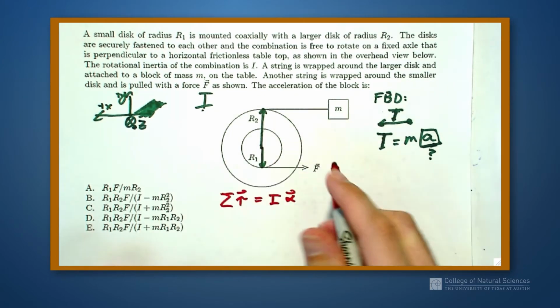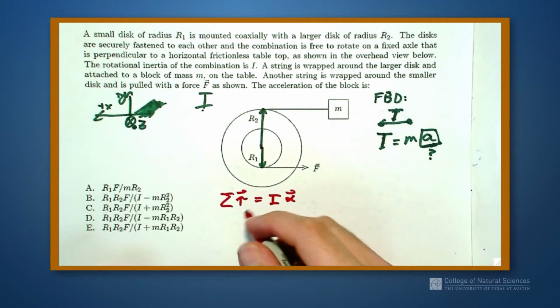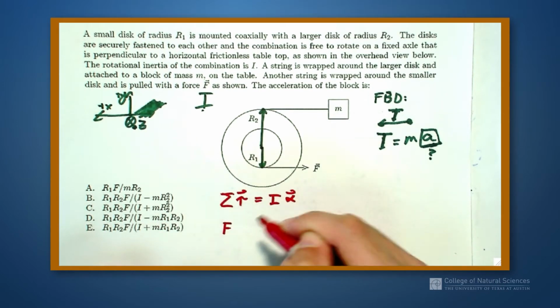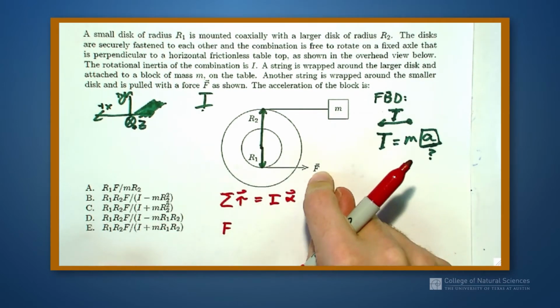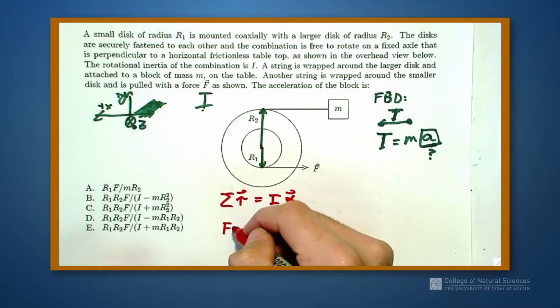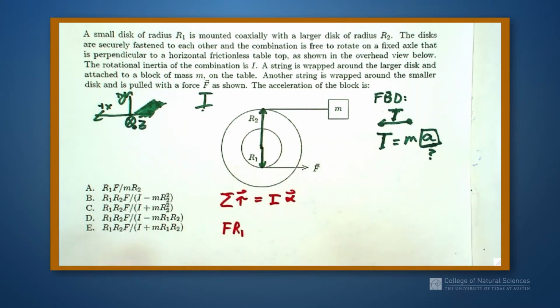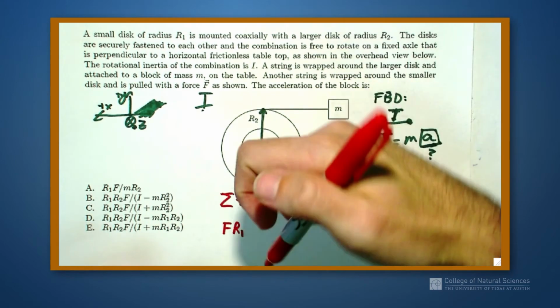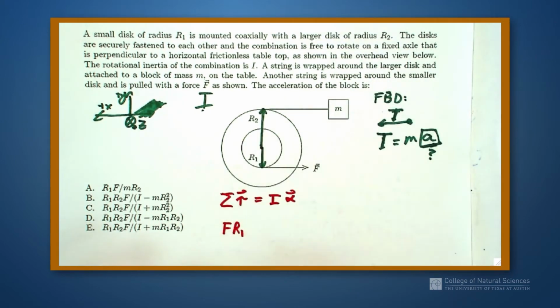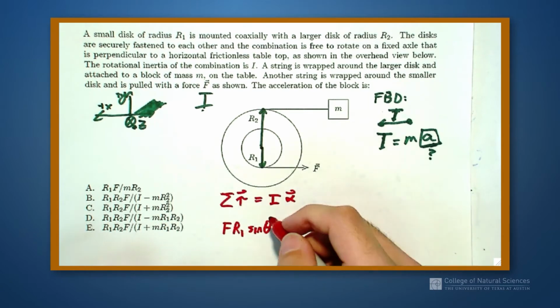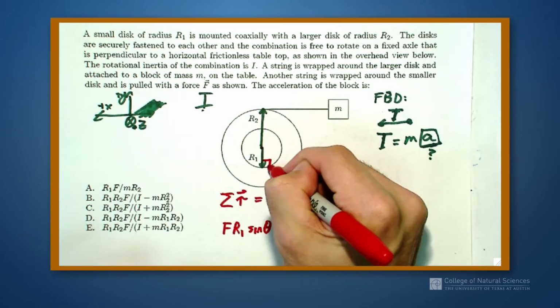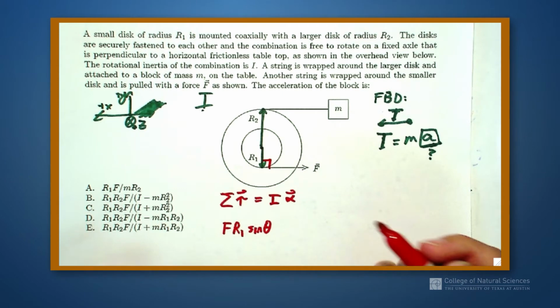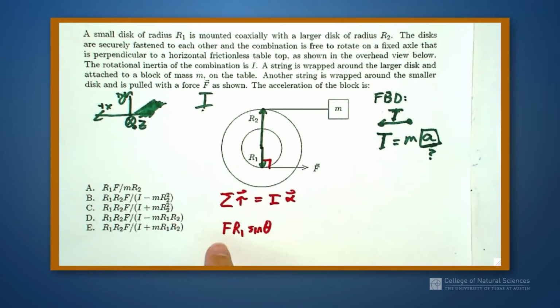Well, I know that I have a torque from this F right here. It's R1 times F times the sine of the angle between them, which happens to be 90 degrees, and that's going to give me my first torque. I want to get the sign right, so what direction does this point in?